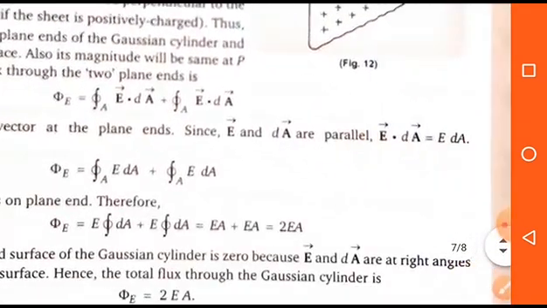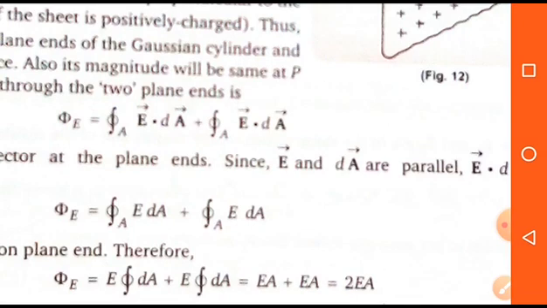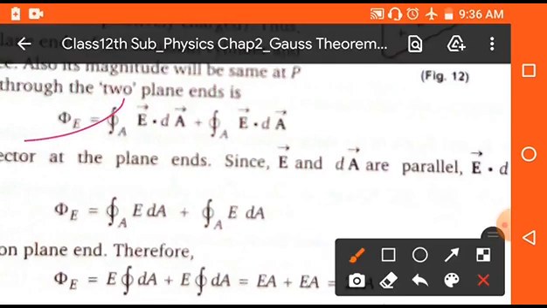So the total electric flux passing outside from the surface will be phi E is equal to integral E dA plus integral E dA. So total will be phi E is equal to 2 times EA.